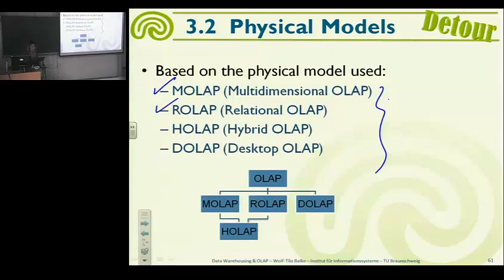Both of these models, we've talked extensively about them, but we're going to have a different view on them now. There is the HOLAP, which is hybrid OLAP. It's basically an integration of both the multidimensional and the relational model, so it takes the best of the 2 worlds.